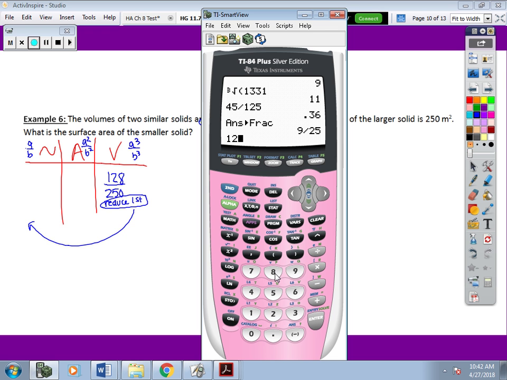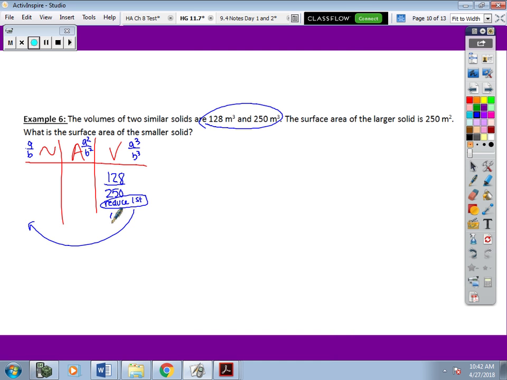So 128 divided by 250, math fraction, I'll get that this is really 64 over 125. So I want to go back to my a over b, and we said we're cube rooting. The cube root of 64 is just 4. And the cube root of 125 is 5. 5 times 5 times 5 is 125.